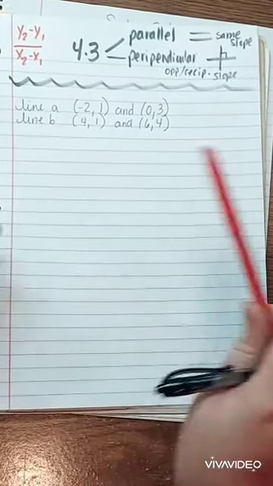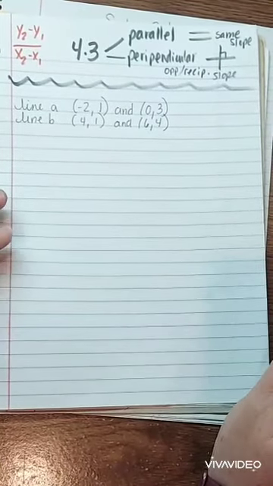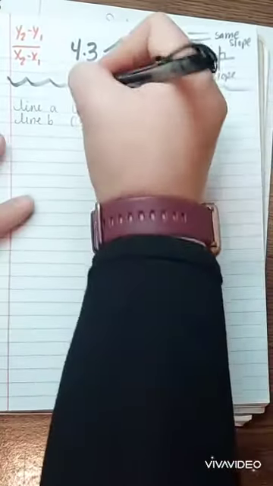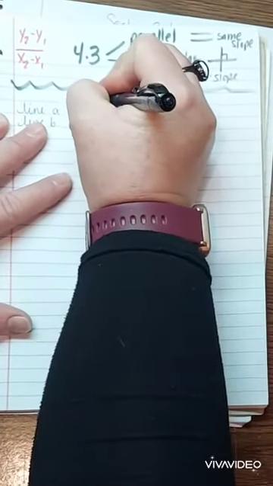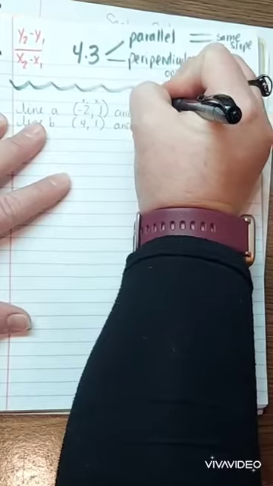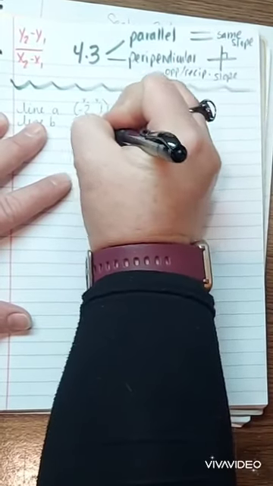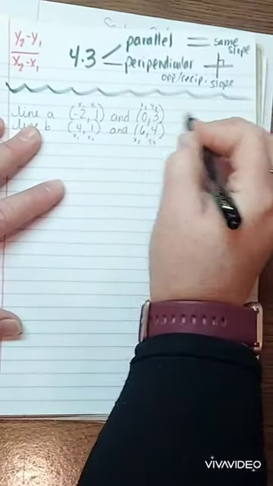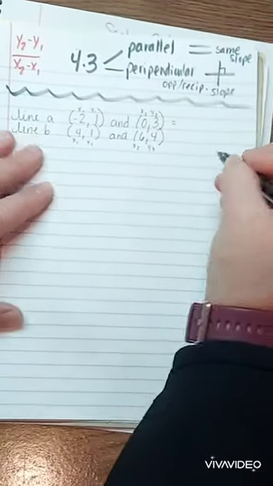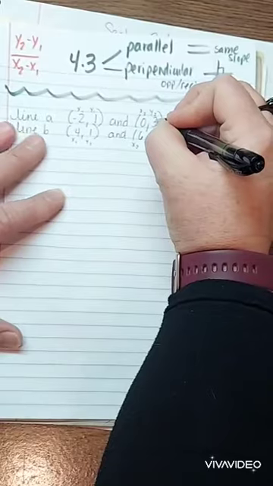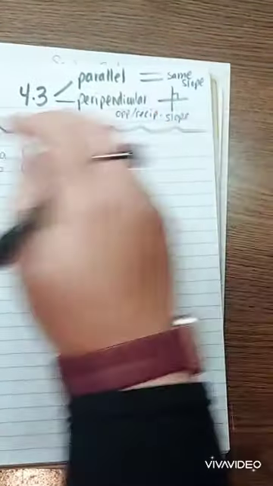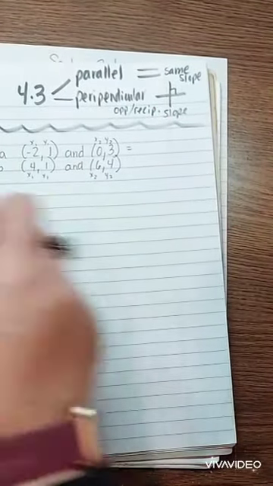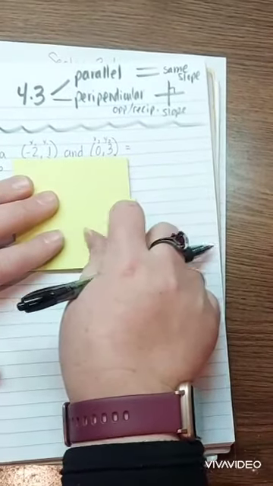Okay, well, the first thing I need to do is label my x1, y1, x2, y2 for each line. I'm going to take one equation at a time, so I'm going to cover up this bottom one.